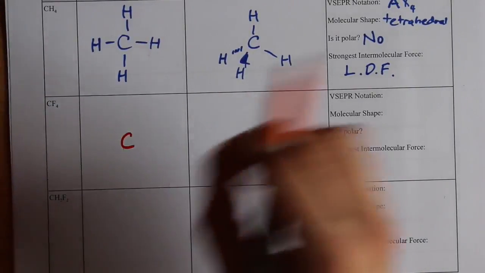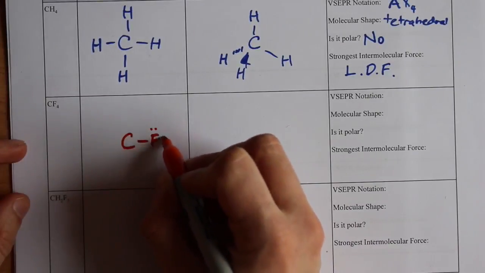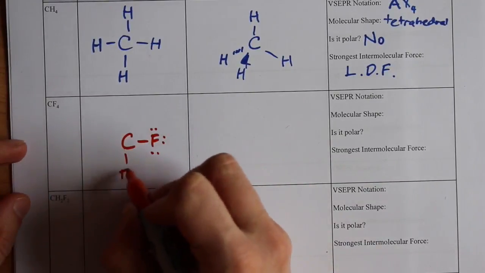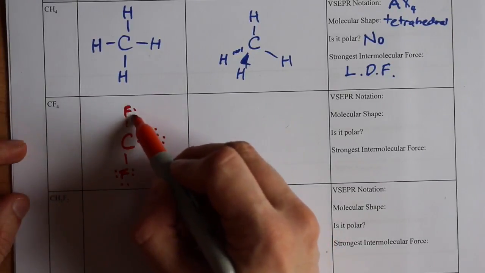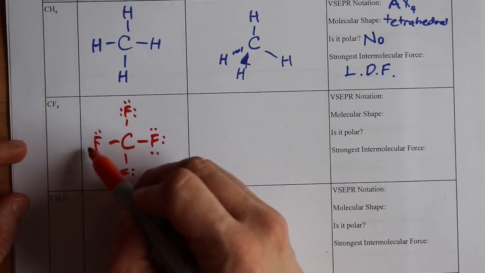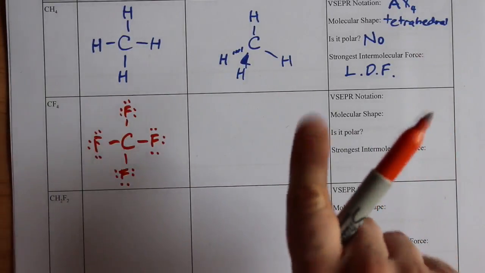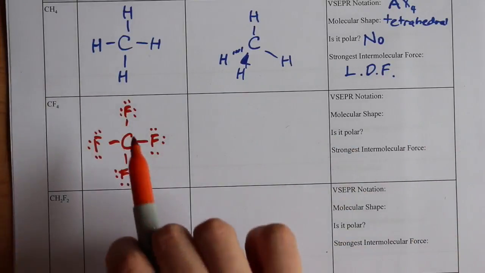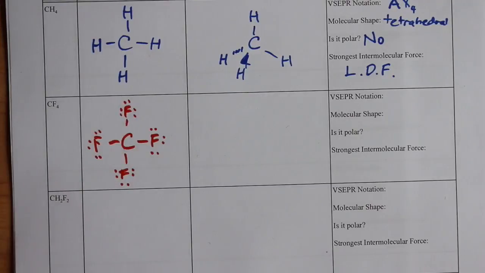Fluorine brings 7 electrons each, so this molecule is going to look pretty similar, except my fluorines need full octets. I'm going to put my F here, fill those with electrons. If each F brings 7 and the carbon brings 4, that's 32 electrons total. So here's 8, 16, 24, 32. I'm done.